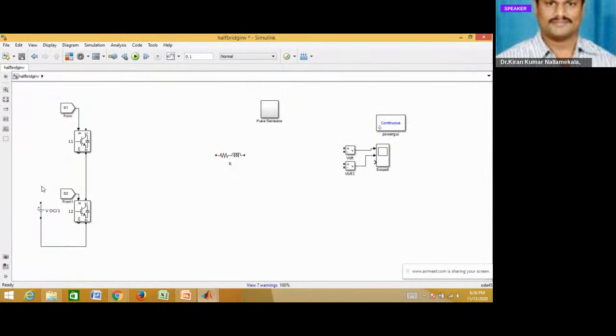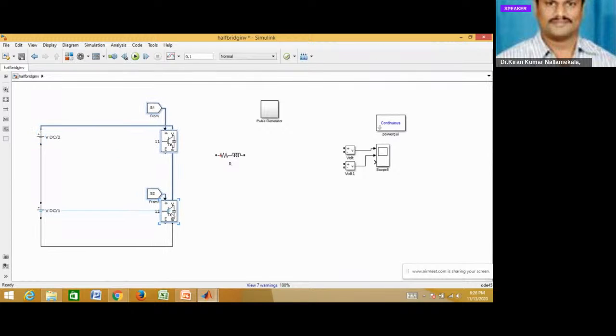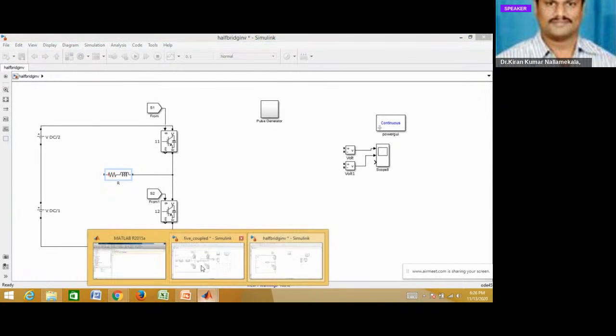It consists of two DC sources connected like this, and in between the load is connected. Hence you have to take a current measuring device also.